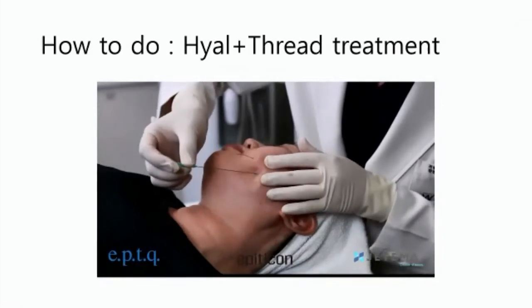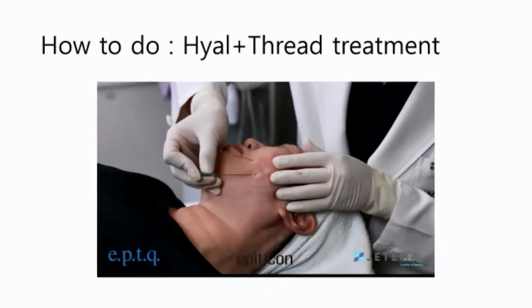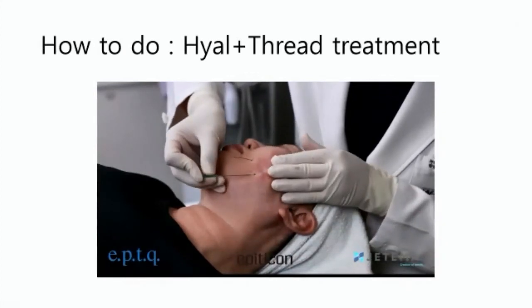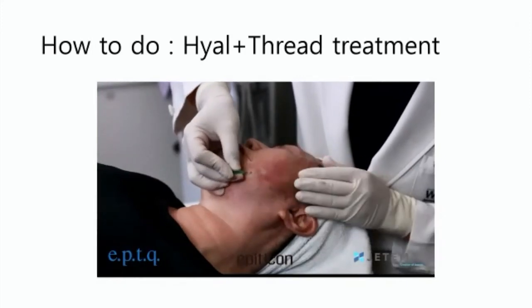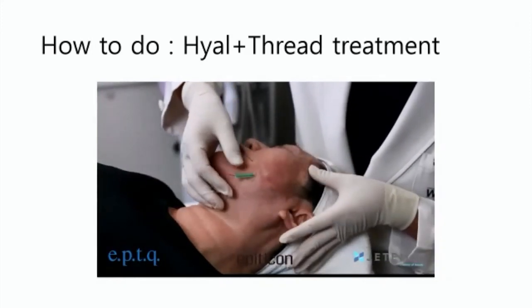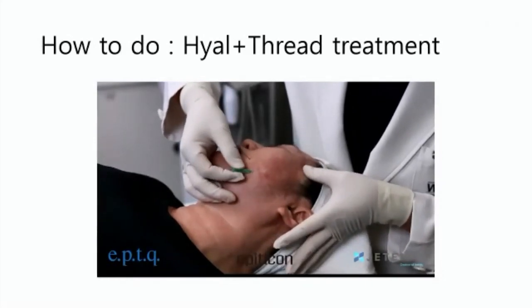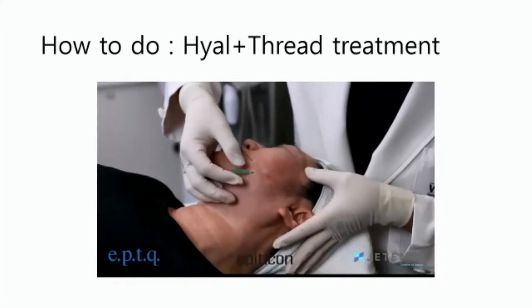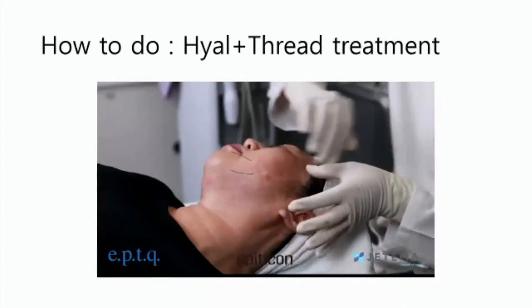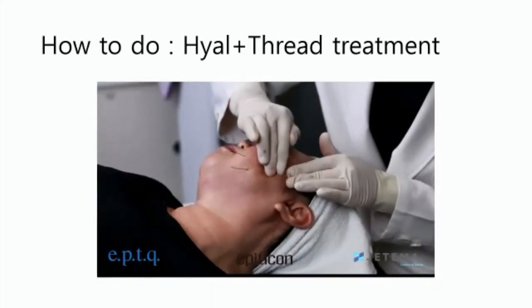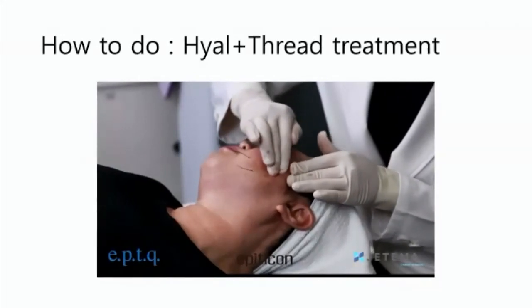And another point, insert the PDO thread from the lower part of the chin to the area of the hairline. You touch it and fix it and pull out the cannula. And massage the upper part for fixing the PDO thread inside the tissues.